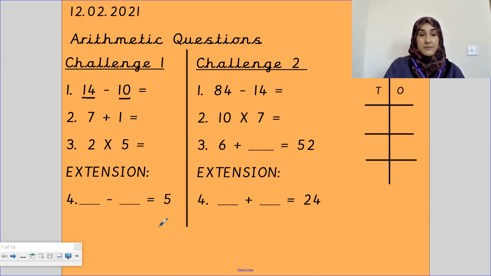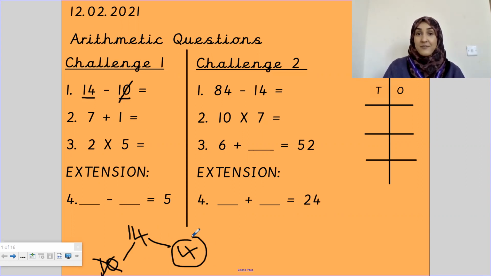The number 14 is made up of 1 ten and 1 four. When I take away 10 from 14, I have 4 left. So 14 take away 10 equals 4. That's an easier way than counting back on your fingers.